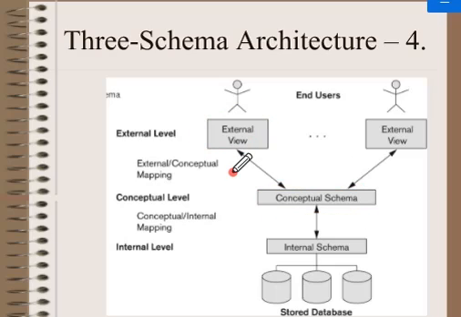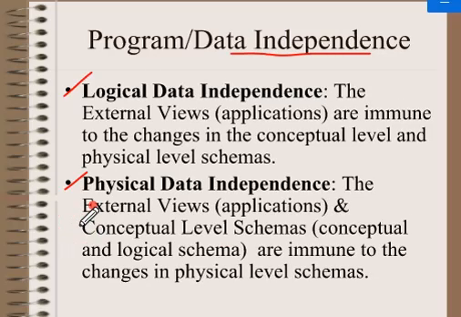For example, we may change the conceptual schema to expand the database by adding a record type or data item, or to change constraints, or to reduce the database by removing a record type or data item.